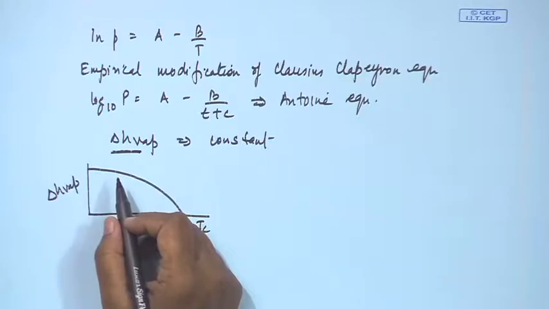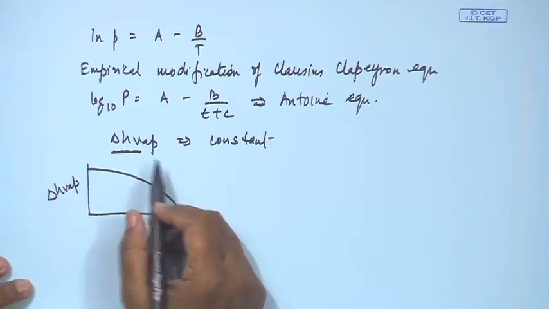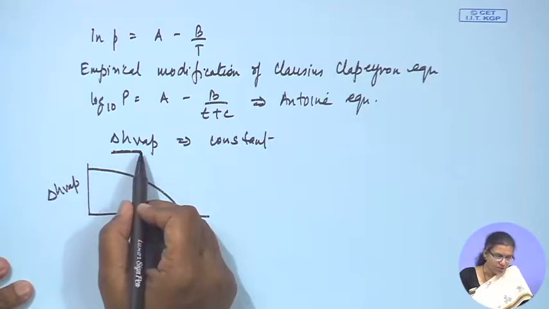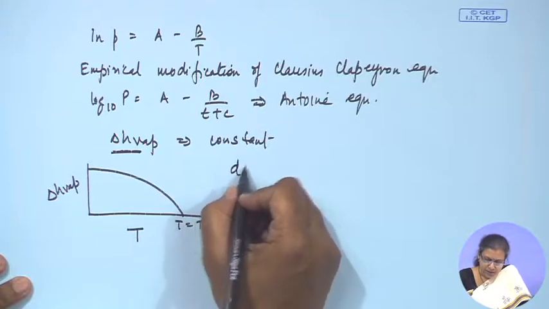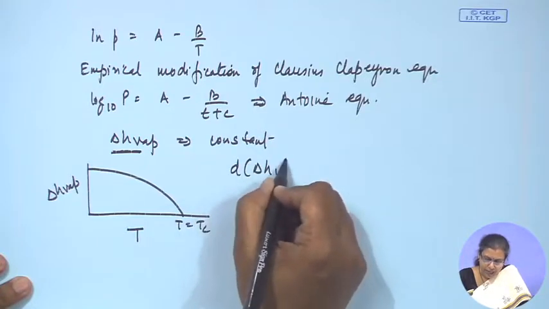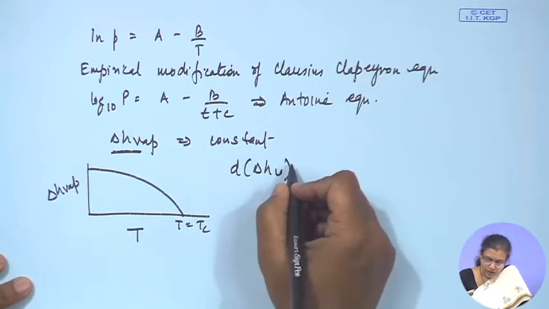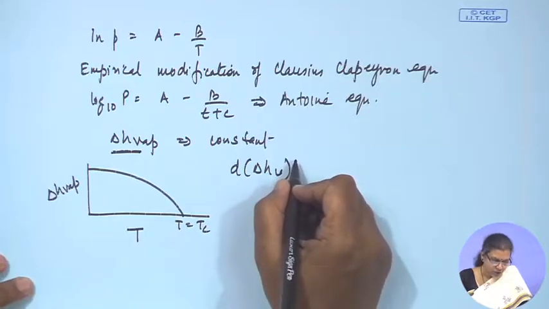So, my next attempt will be to find out the dependence of the latent heat of vaporization on temperature, and this particular derivation is known as Kirchhoff's equation.